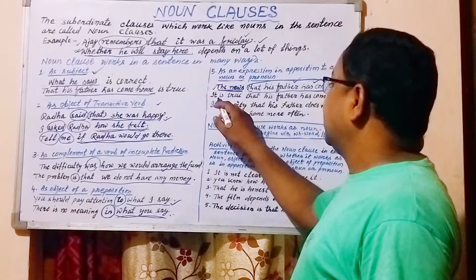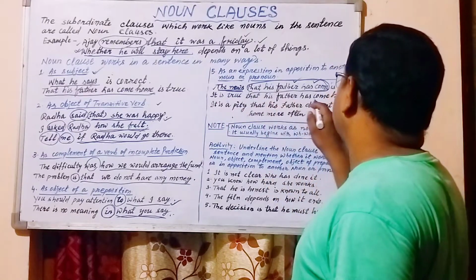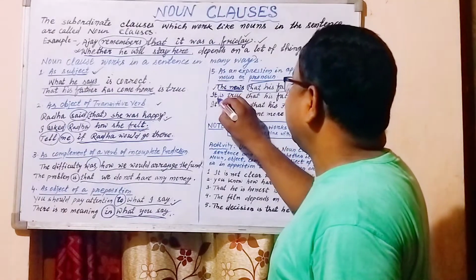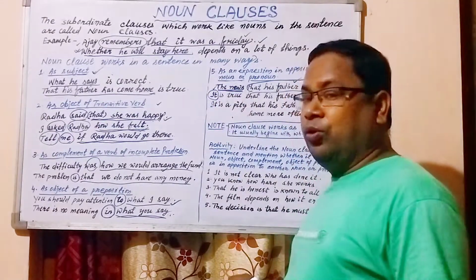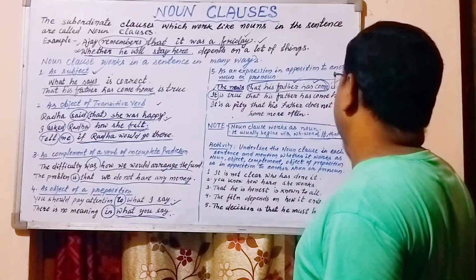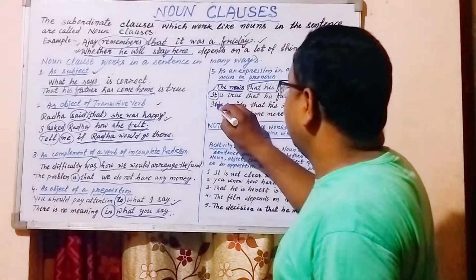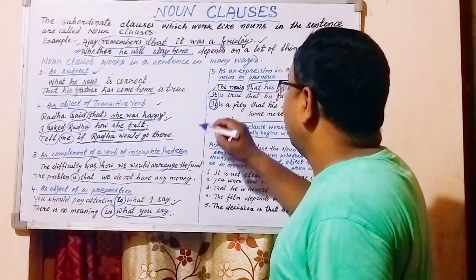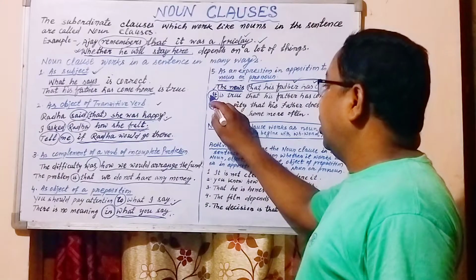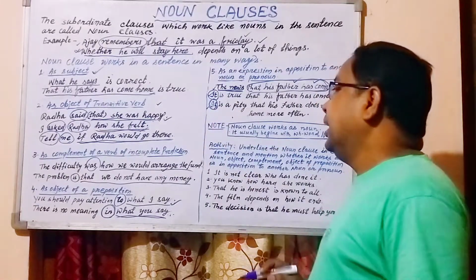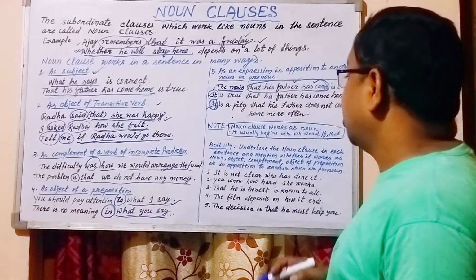And next one is, it is true that his father has come home. You see here, it is a pronoun, you know. In the next sentence, it is a pity that his father does not come home more often. Here it is also a pronoun, and in both the second and third sentences, it acts as subject.